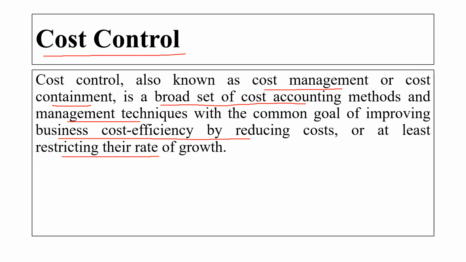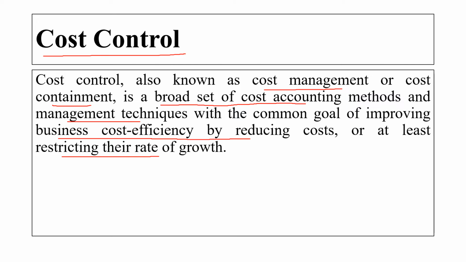The common aim, the common goal of the cost control: why are we doing the cost control, why are we managing the cost? Because we want to improve the cost efficiency and reduce the cost, whatever cost we are getting from the business. No one wants to spend a high amount in the business, right?